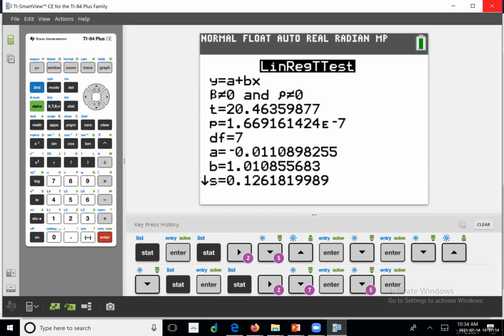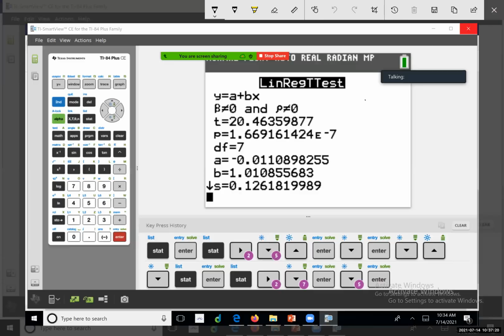So y hat is equal to a, which is negative 0.011 to 3 decimal places, plus b, 1.01. The more decimals you write, the better. So x, that's a good prediction. We said it's a good prediction because the p-value is small.